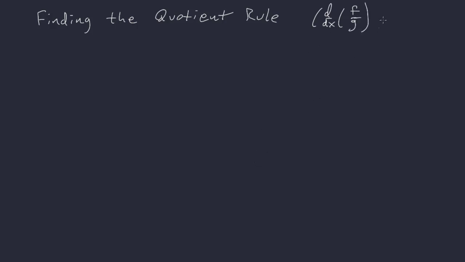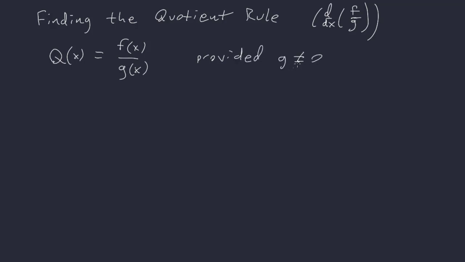Okay, so when we go to find the derivative rule for f divided by g, what we end up doing is we'll call capital Q of x the quotient of f of x over g of x. Okay, and we're basically saying that we don't want g to be equal to 0, right, since we're dividing by it.